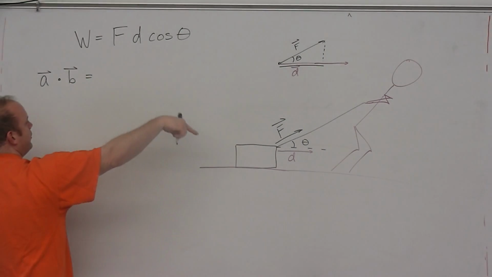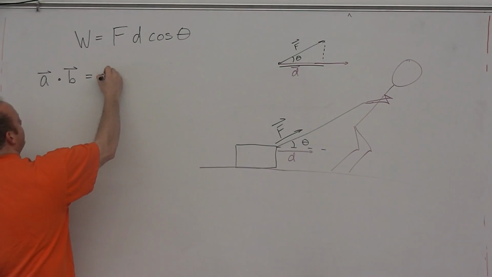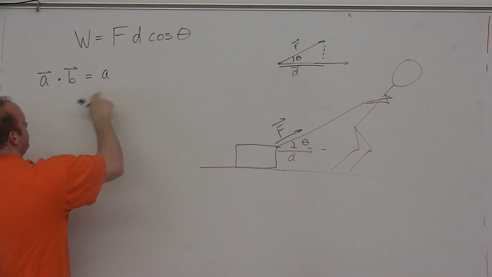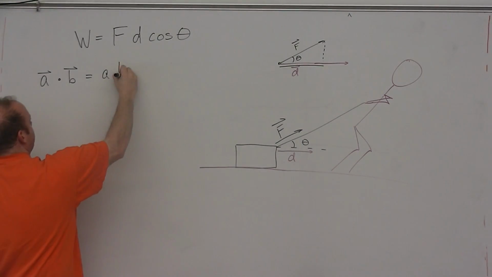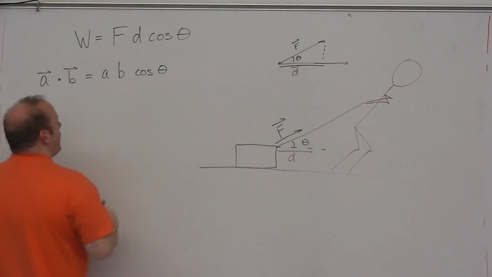In putting it into this magnitude angle formulation, it's going to be the magnitude of A times the magnitude of B times the cosine of the angle between them.